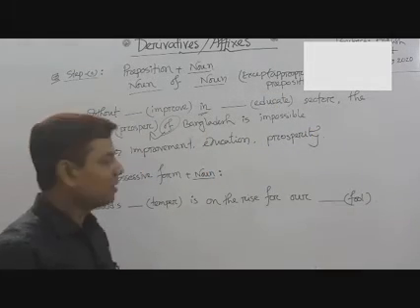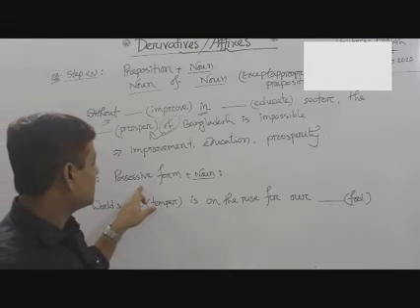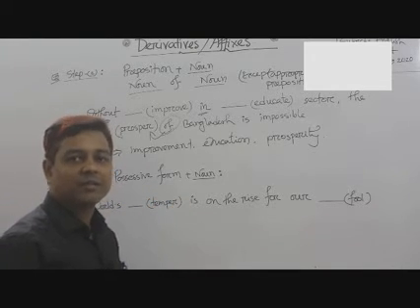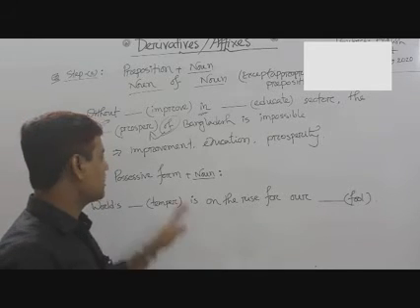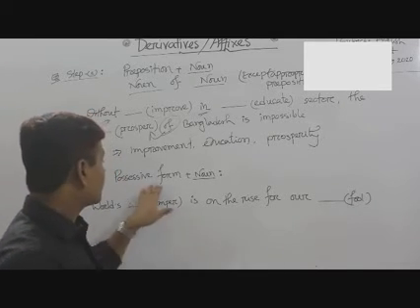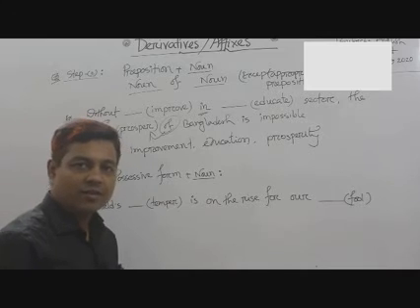Now at step 4. In step 4, here you see possessive form plus noun. You know every subject has 3 forms: subjective form, objective form and possessive form. After possessive form you have to use nouns.